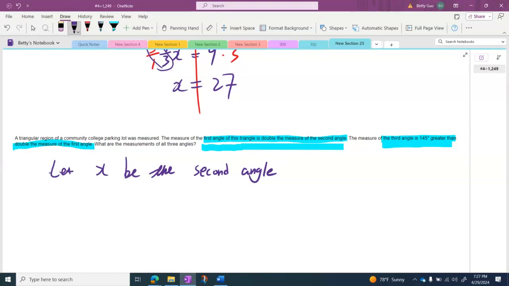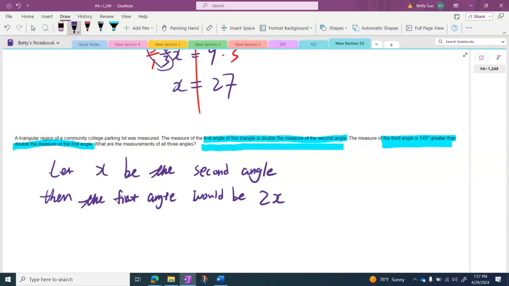Since the second angle is x, the first angle is double the second, so 2x.